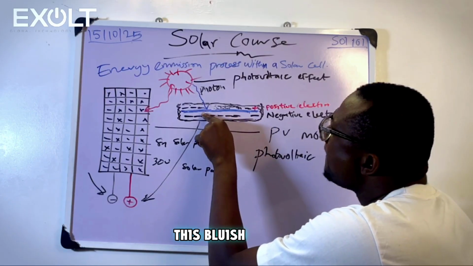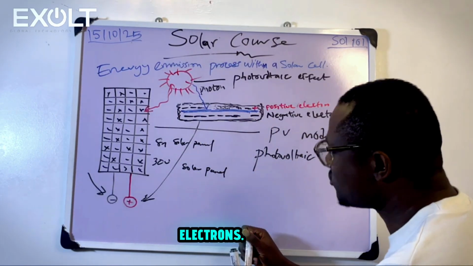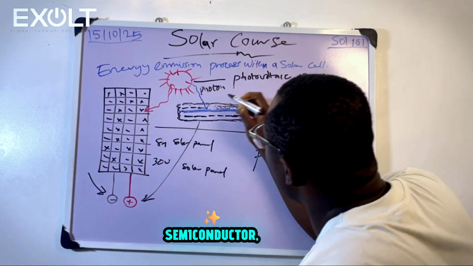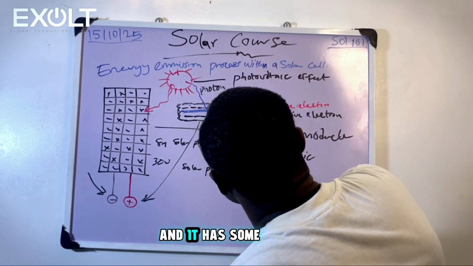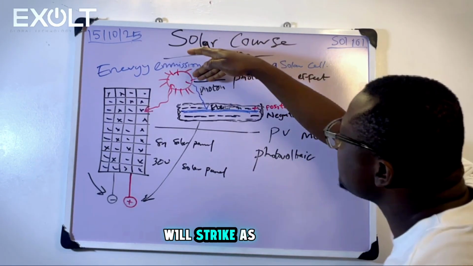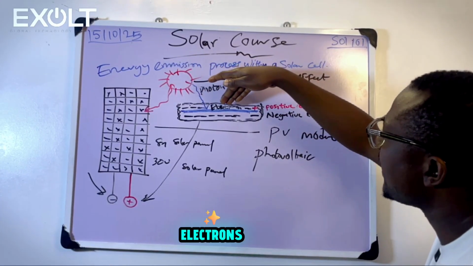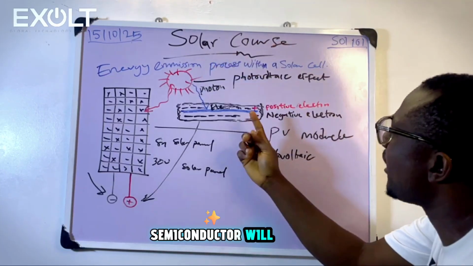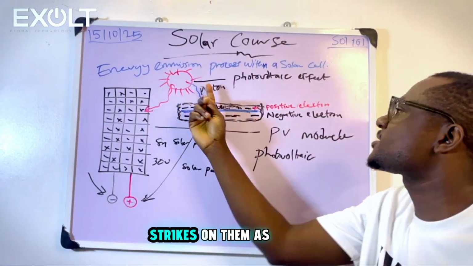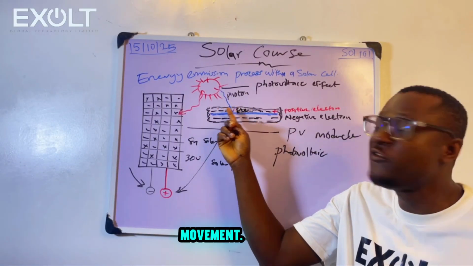This bluish semiconductor has what we call electrons. The electrons within the semiconductor have some energy. The energy from the sun will strike as photons, and the electrons within the semiconductor, both the positive and the negative, will begin to move.